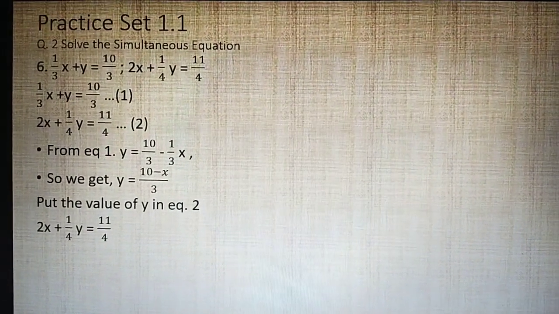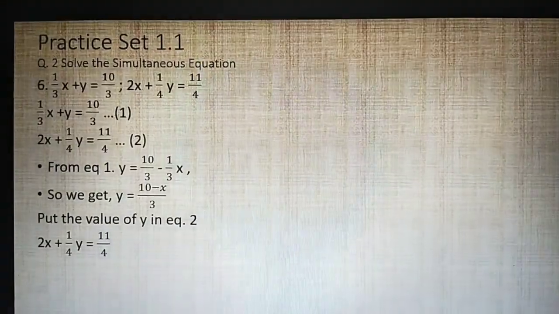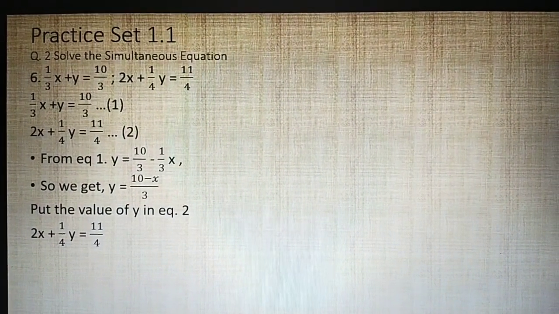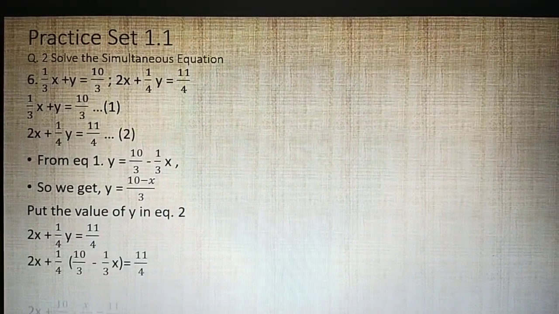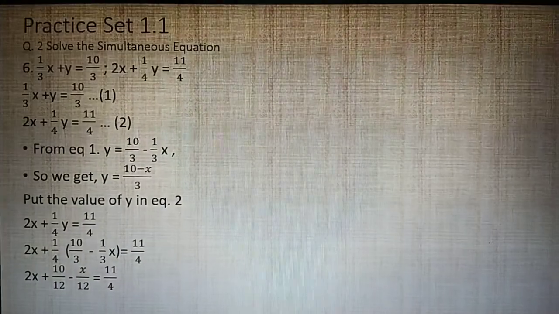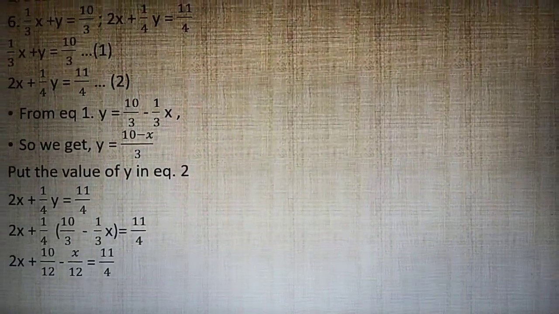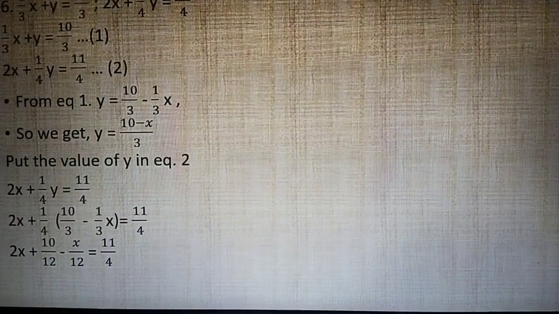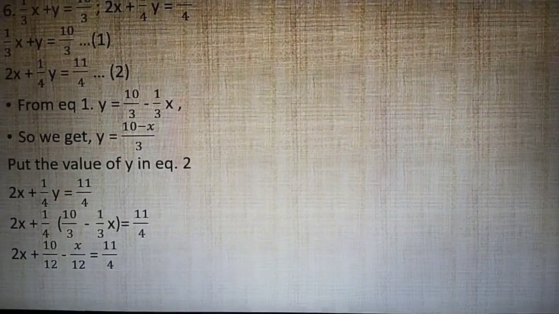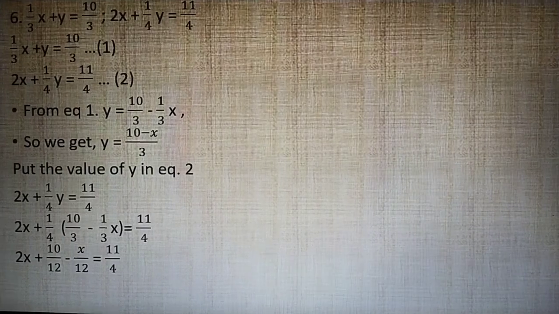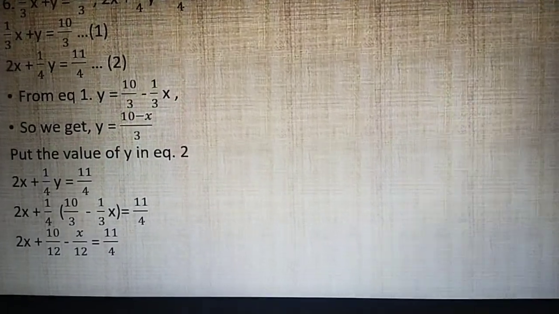Now this can be done by the elimination method, but that I will be giving for homework. So 2x plus 1 upon 4 as it is. What is the value of y? It is 10 upon 3 minus 1 upon 3 x, equal to 11 upon 4 as it is.